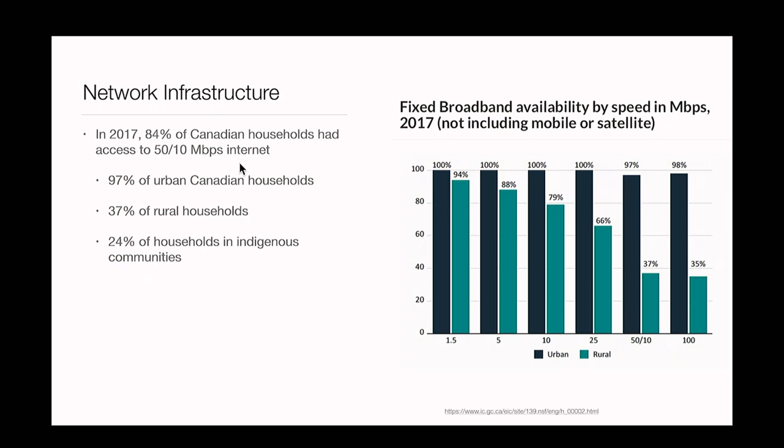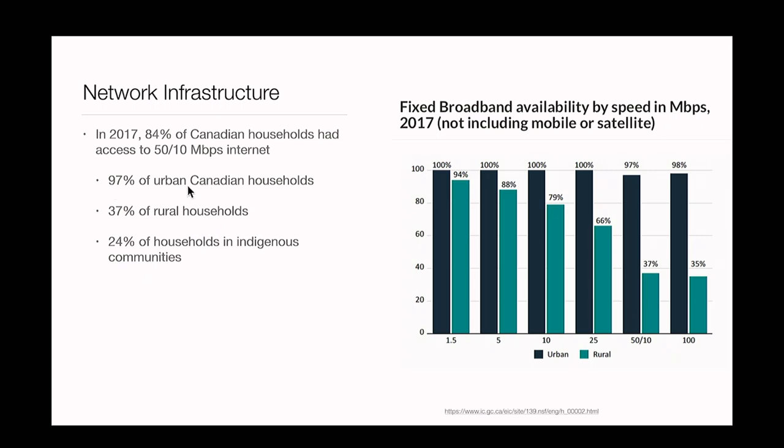Even north of Kingston, or on an island like Wolfe Island or Amherst Island, where there isn't necessarily high-speed wired internet, you can get Starlink, and Starlink is pretty high-speed internet.